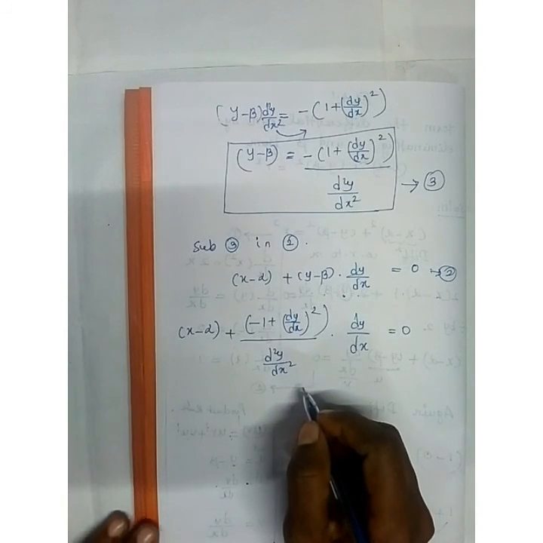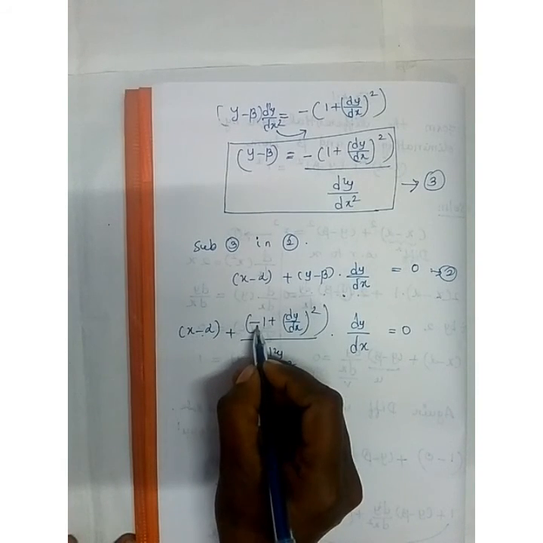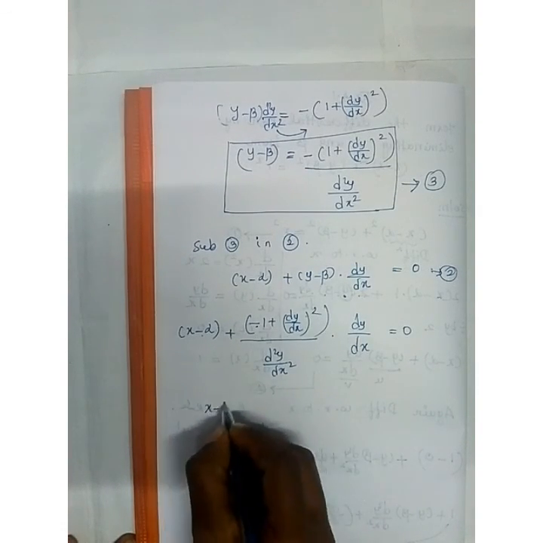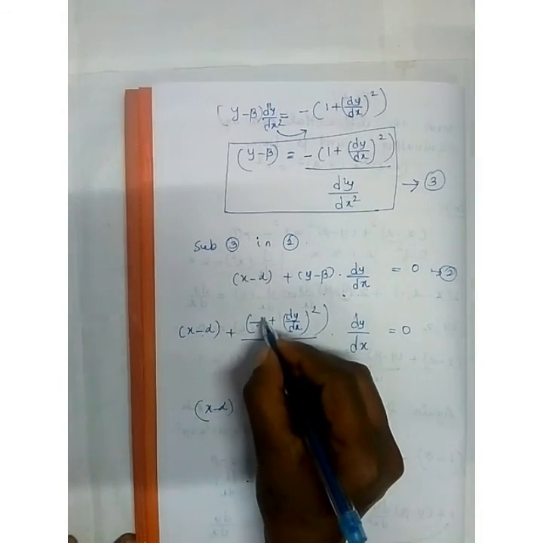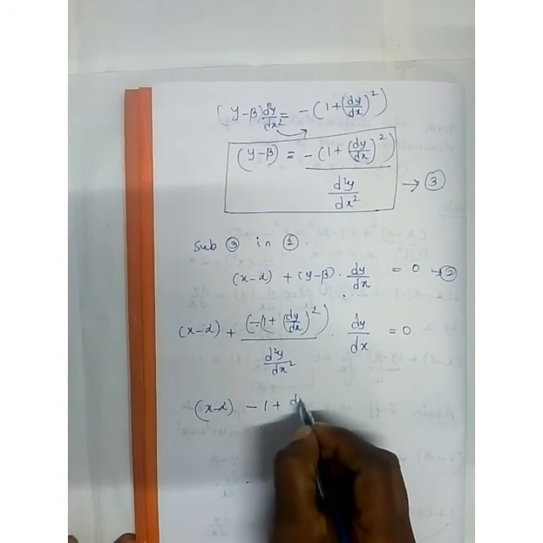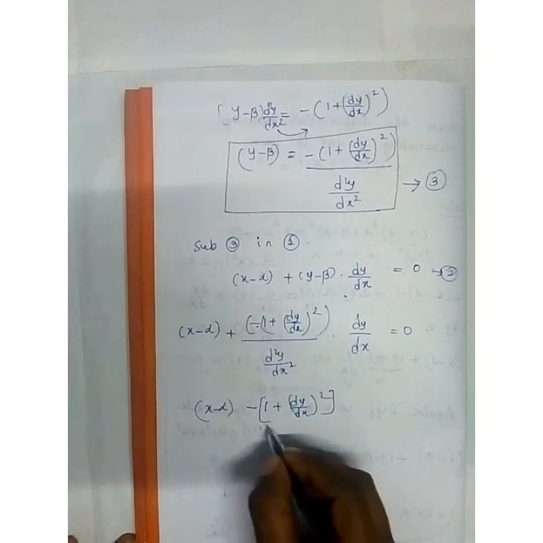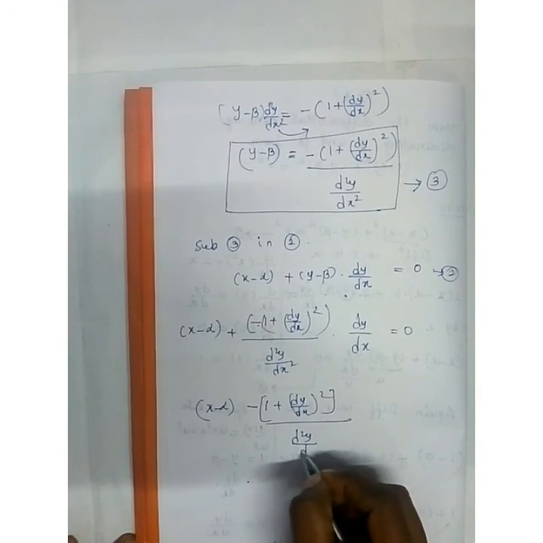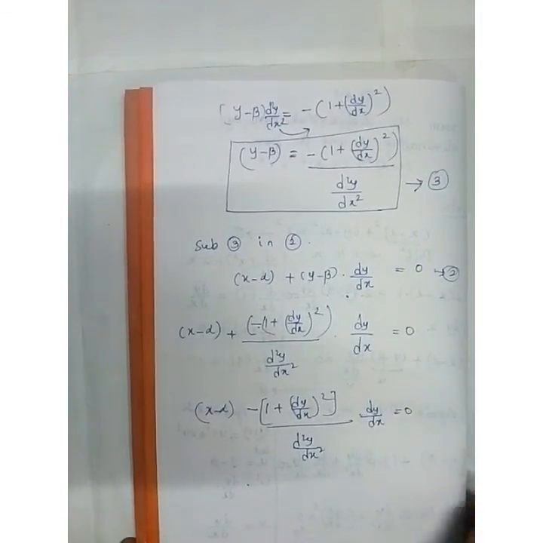Next I am going to find x minus alpha. So plus into minus, minus. So it will become x minus alpha minus of 1 plus (dy by dx) whole square divided by d²y by dx² into dy by dx equal to 0.